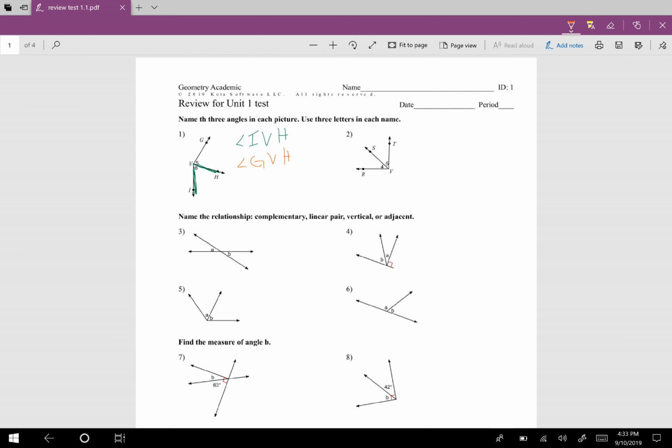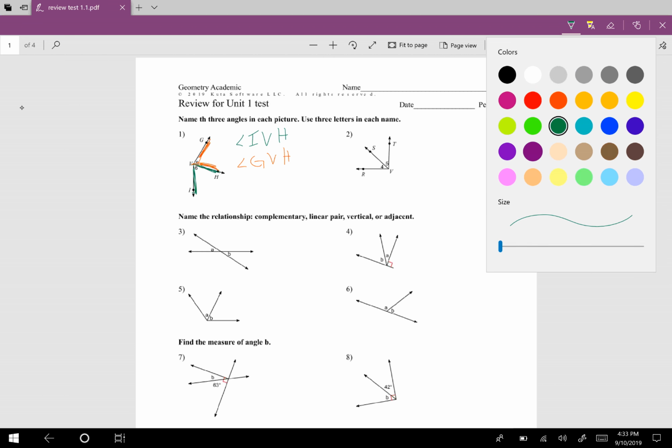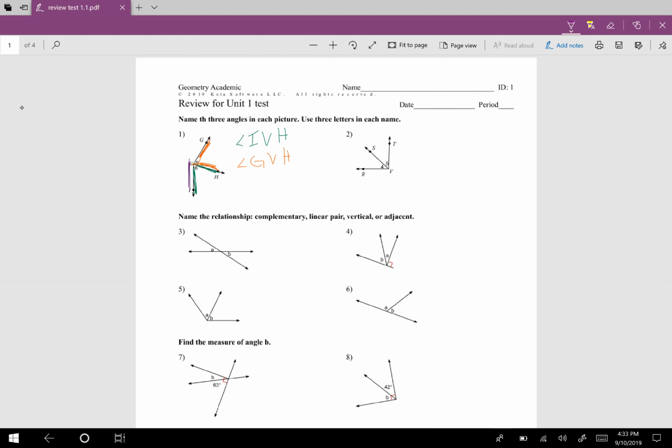Okay, so that's this one. It's angle 5. And then the other one that we have is the one on the outside. So that would be angle GVI. And if you notice, all of them have that letter V in the middle of the name because V is your vertex right there. Okay, so there's GVI. Alright, so you guys will have to name the 3 angles in the other picture there.